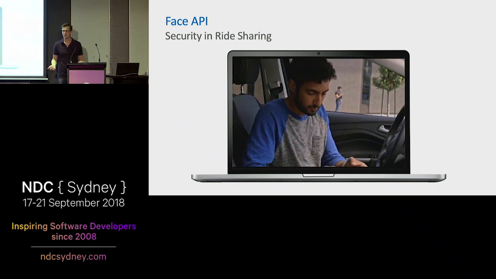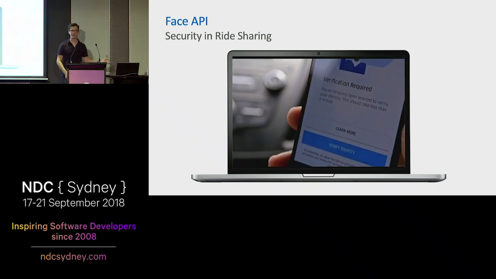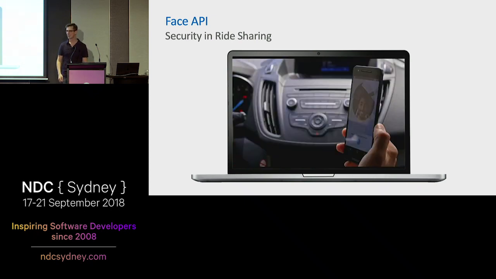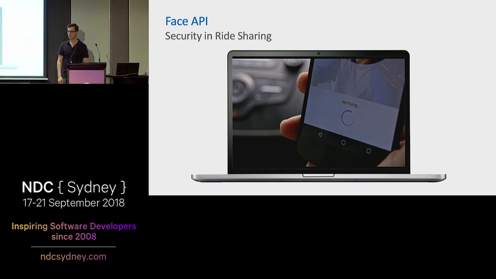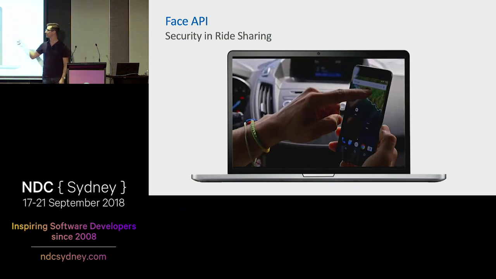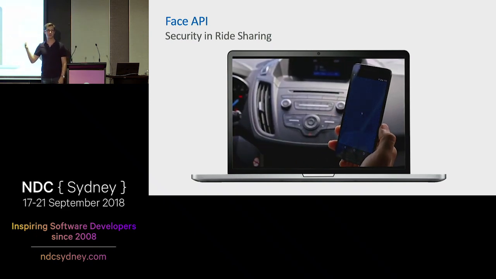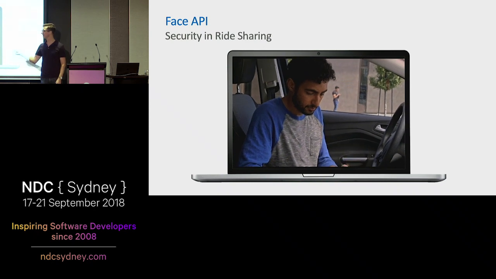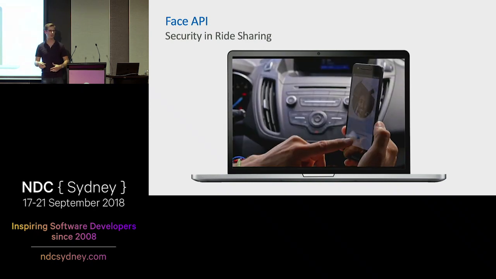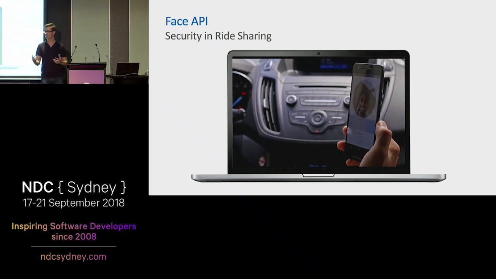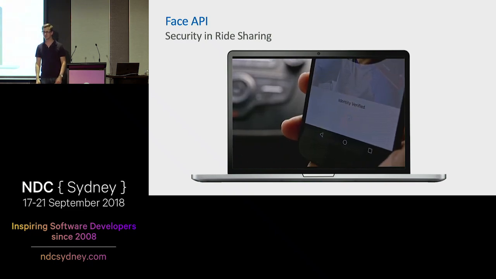Like what was preventing me from giving my brother-in-law, who's got 10 speeding tickets, my login, and then we just share the cost, right? So Uber actually started using the Face API from Microsoft Cognitive Services in their app to make sure that that driver is who they say they are, and that way you can feel comfortable knowing you're going to get safely where you need to go.